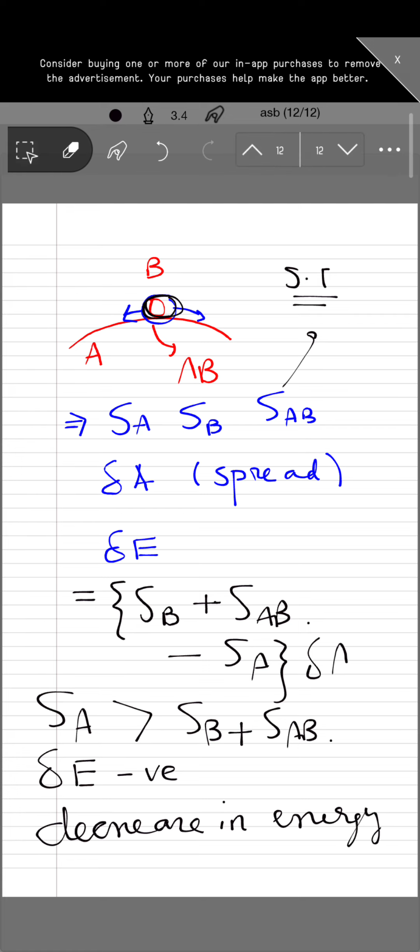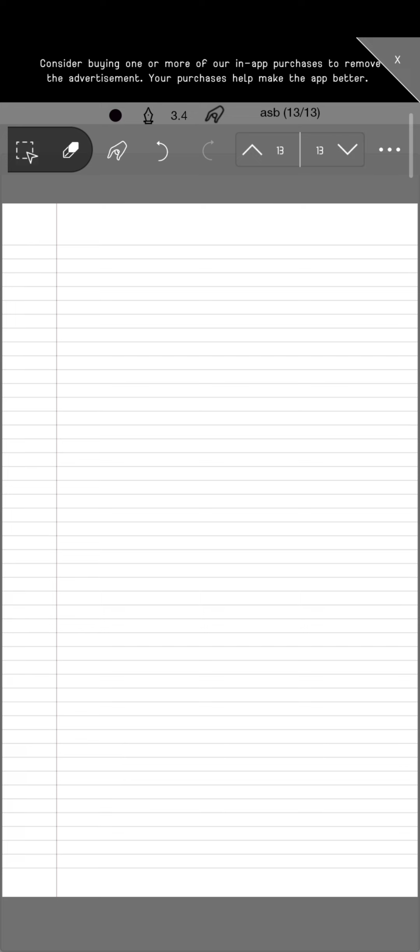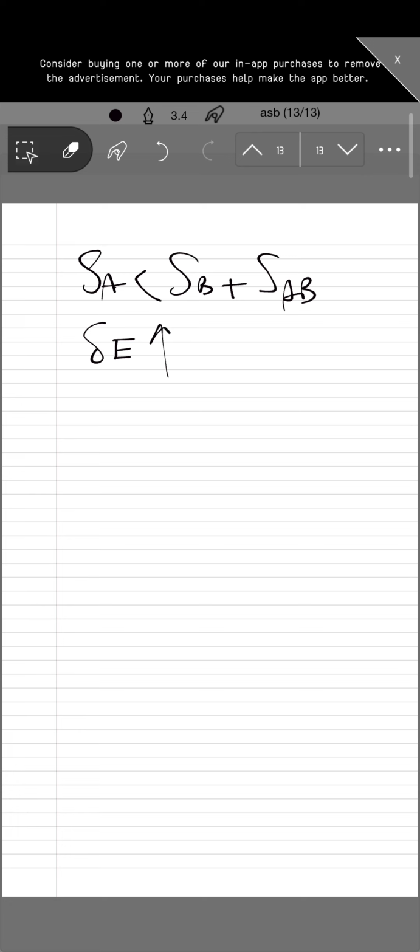In the opposite case, when the surface tension of the first fluid is less than that of the wetting fluid plus the interface region, dE will be positive, and the energy will increase with spreading.